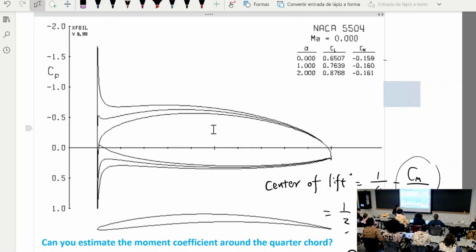And if you look at the gap between the upper and lower surface, this gap over here is quite elliptical. I'm not saying the whole shape is elliptical, but the gap between the upper and lower surface is quite elliptical. So that's basically the effect of the A1 term in thin airfoil theory.